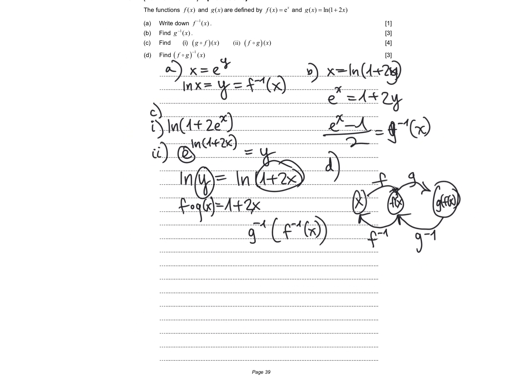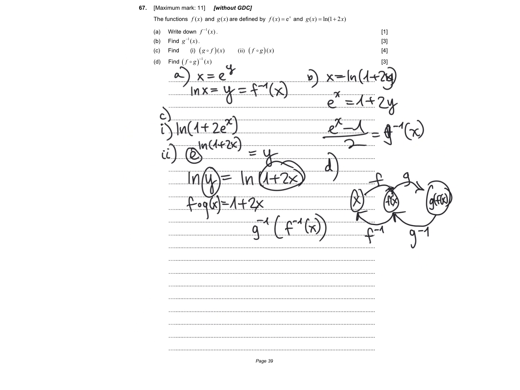So that is going to be, hold on, that's the inverse into g inverse. So we're going to have e to the natural log x minus 1 over 2, and this kind of cancels out for all those reasons above. So we've got x minus 1 over 2.